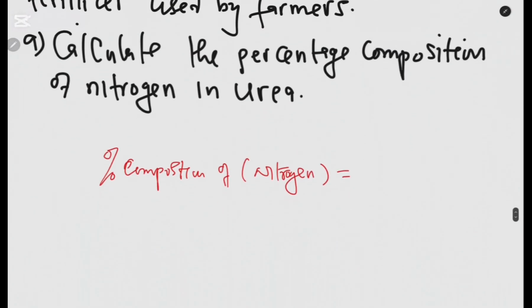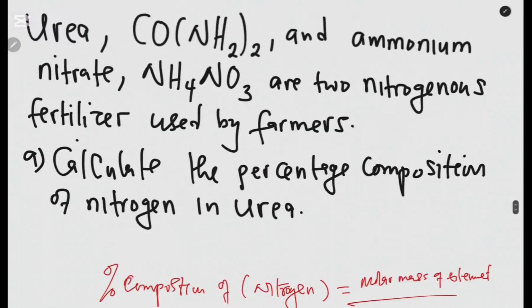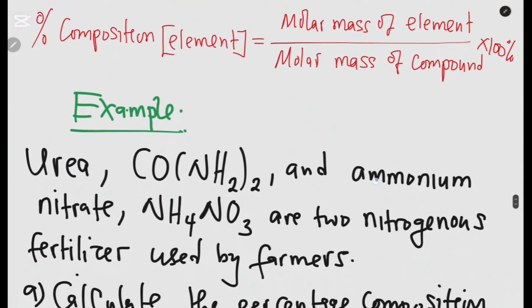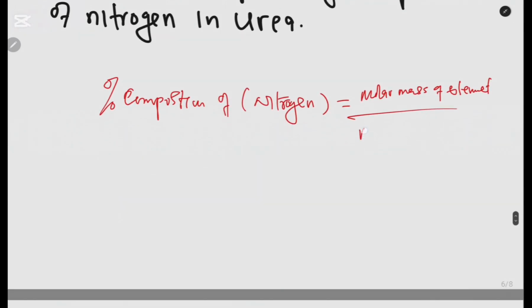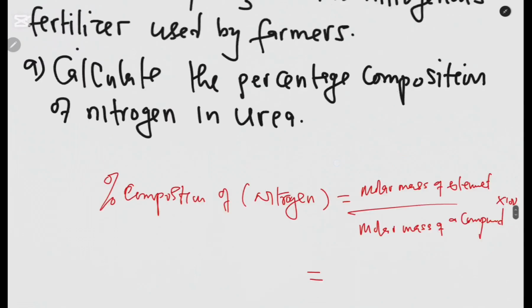Molar mass of element, divided by molar mass of the compound, multiplied by 100.